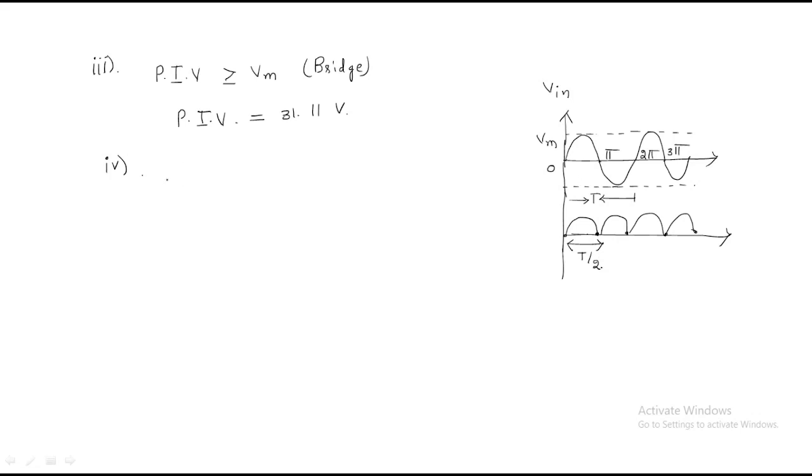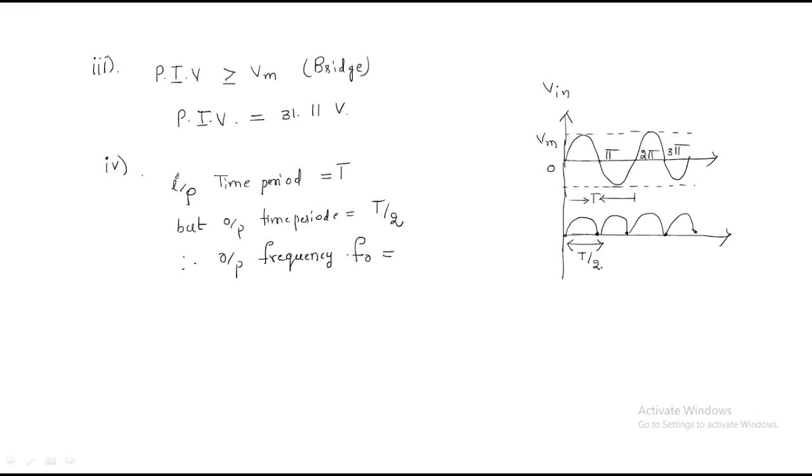So the input time period equals T, but the output time period equals T by 2. Then the output frequency: what is the relation between frequency and time period?